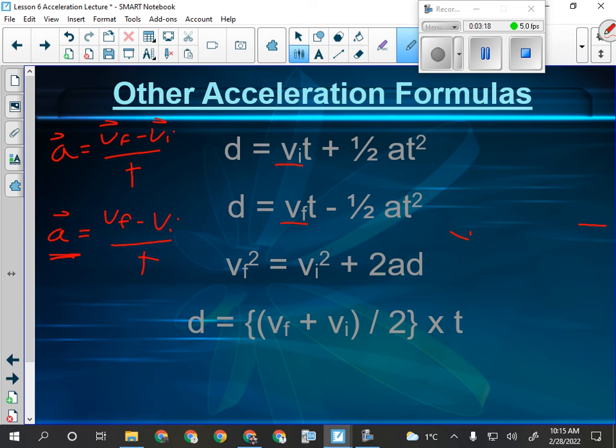If vi or vf are 0, how does that change that I don't have to factor to solve for t? Because t times 0 is just 0. If vi is 0 and I multiply it by t, it doesn't matter what t is. This is gone. This is 0. 0 plus whatever. I don't have to worry about it now. There's only one t there. And it's the same with the other formula.